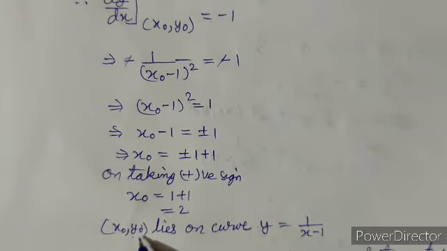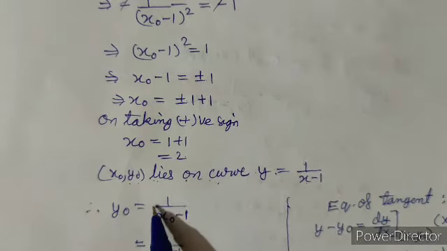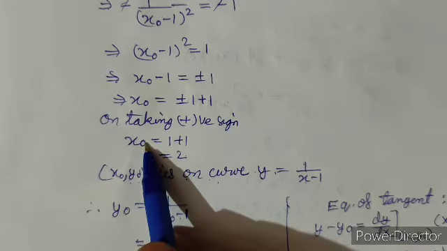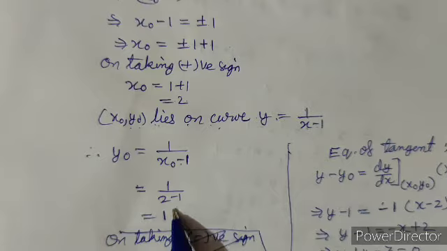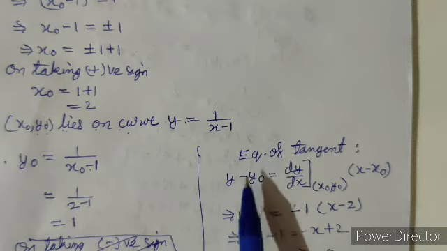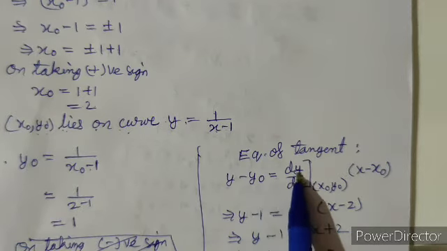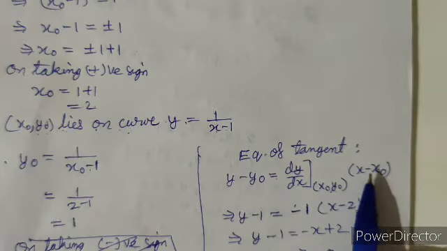Now as we know that (x0, y0) lies on the curve y equal to 1 upon x minus 1, y0 will be equal to 1 upon x0 minus 1. On putting the value of x0 as 2, we are getting y0 as 1. Thus, we can say that the equation of the tangent will be given by y minus y0 equal to dy by dx at (x0, y0) into (x minus x0).